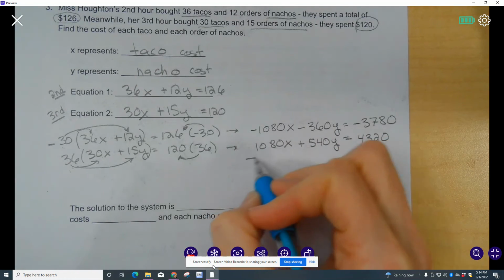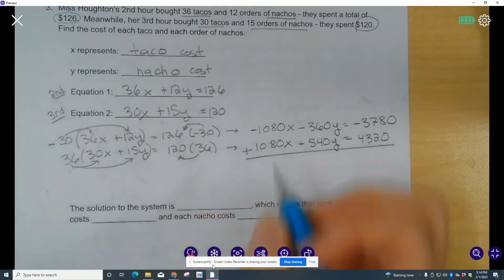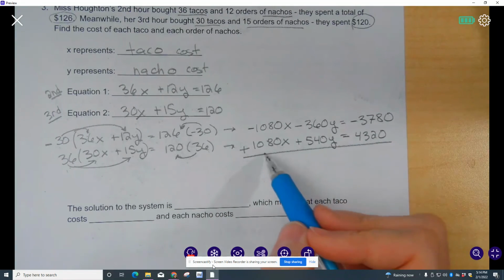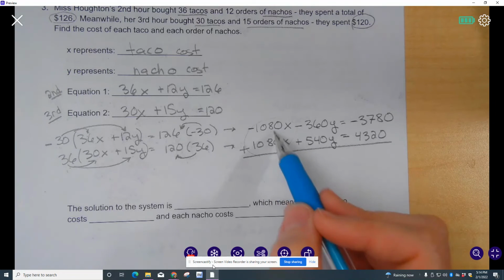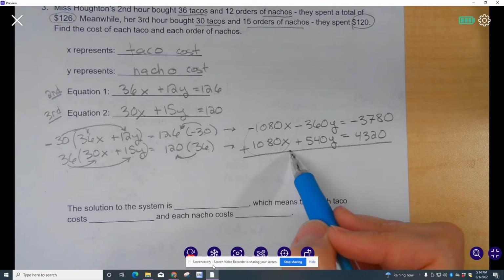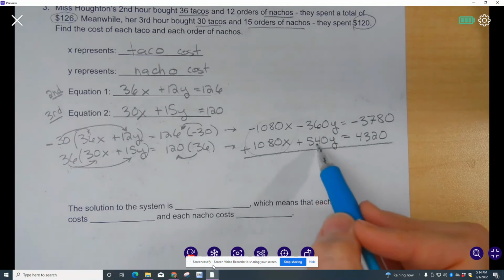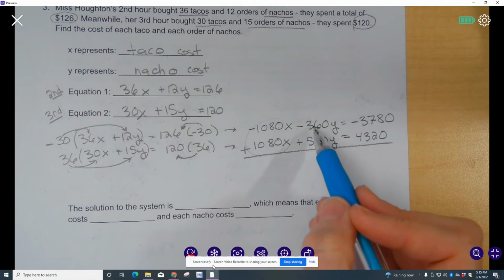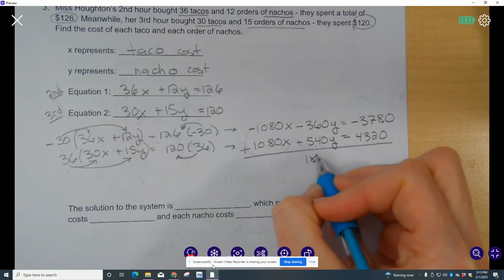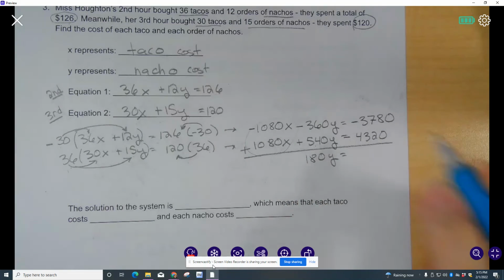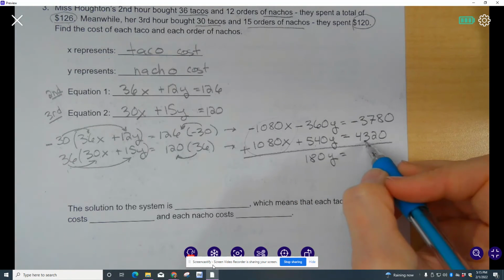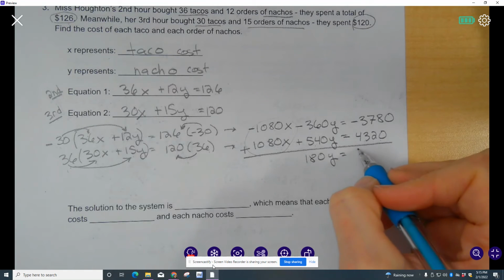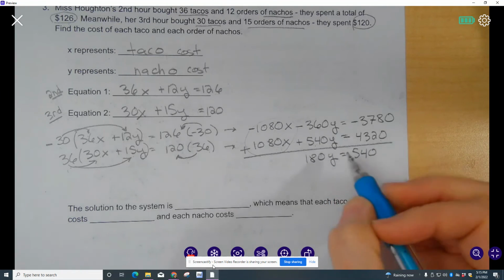Once you have your opposites, you can go ahead and do your addition. It's now a green light problem because you have opposite coefficients on the X. These add to 0, so X is eliminated. This you're actually going to subtract, 540 minus 360. You're going to get 180y. This you're also going to subtract. 4,320 minus 3,780 is 540.